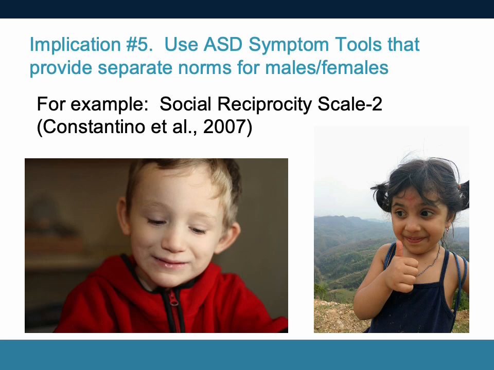There are some tools out there that have different norms, still referenced by age, but have been compared to samples of boys or samples of girls. The one that I really like is the Social Reciprocity Scale, Version 2. It's a strongly validated tool and provides different versions for preschool, school age, and adults. It also provides norms by sex and has different norms for self-report versus parent report. So that can also be useful.